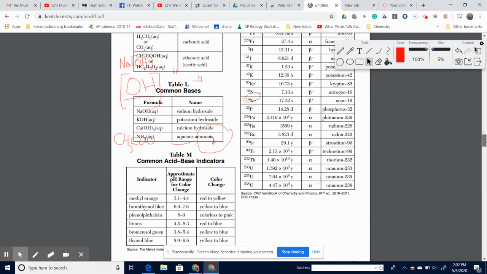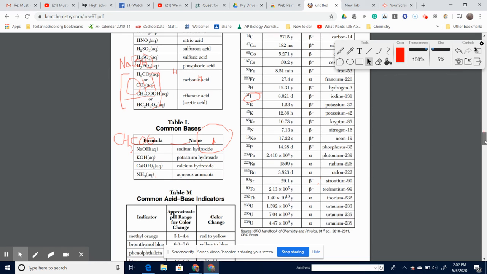So if we can go back to table K, and let me get the eraser and get all this stuff out of here. They're always going to want to use ethanoic acid on a test, and you saw it was like 3 questions, because they want you to think that since it ends in an OH, that it is a base.